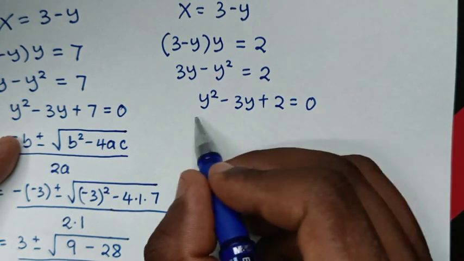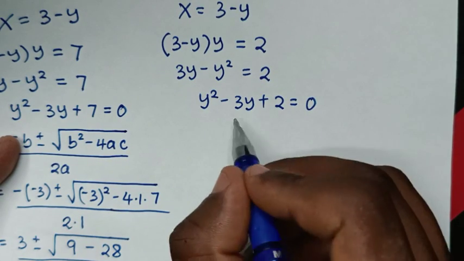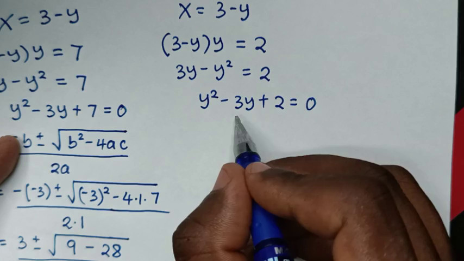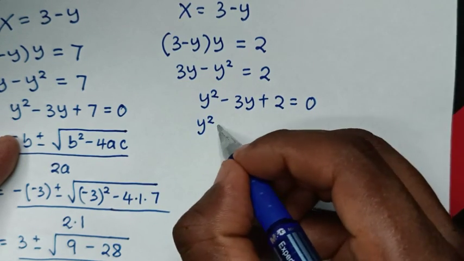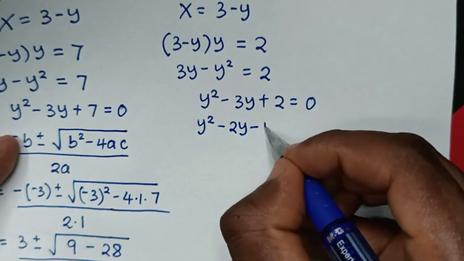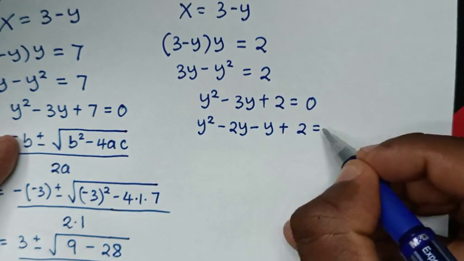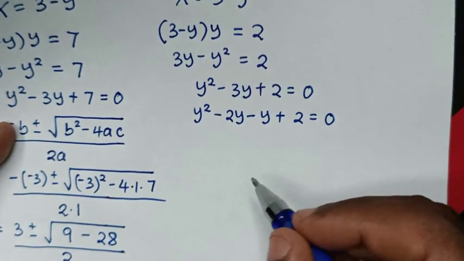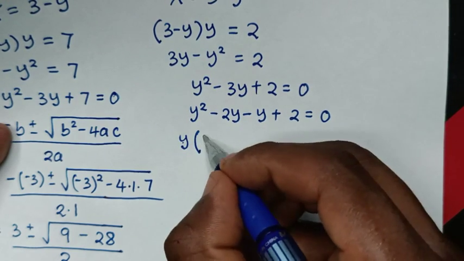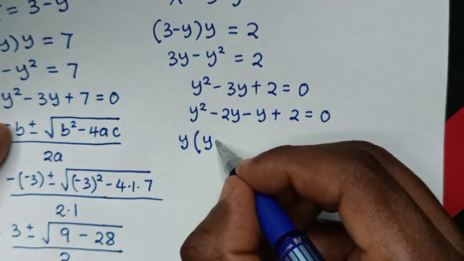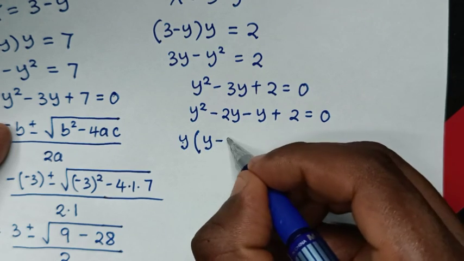Then this quadratic equation can be solved by grouping and factorization. So y square minus 3y is the same as y square minus 2y minus y, then plus 2 is equal to 0. From here y is common, we take y out of bracket: y times (y minus 2).